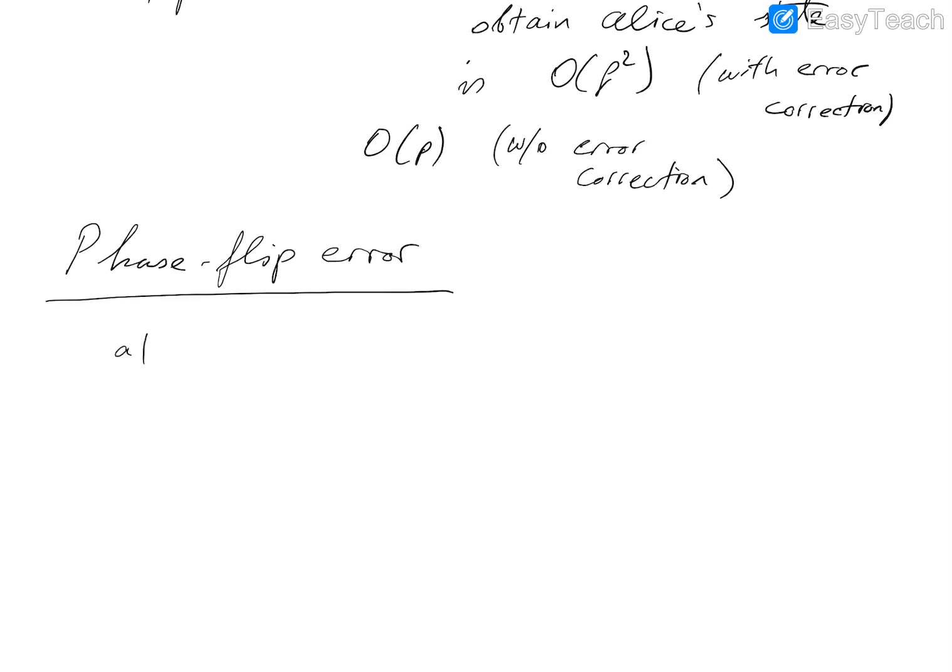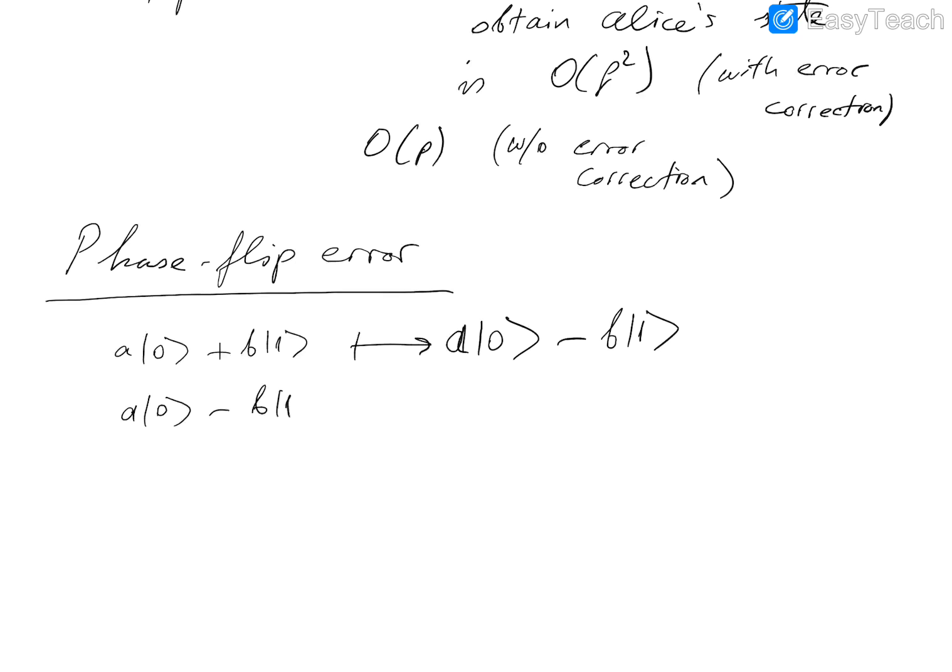So if we are given something like a|0> + b|1>, this gets mapped to a|0> - b|1>. Or similarly, if we have a|0> - b|1>, this gets mapped to a|0> + b|1>. So it changes the relative phase, the sign of the quantum states.